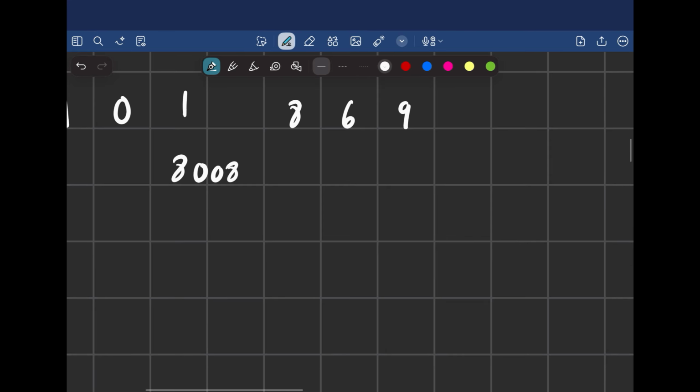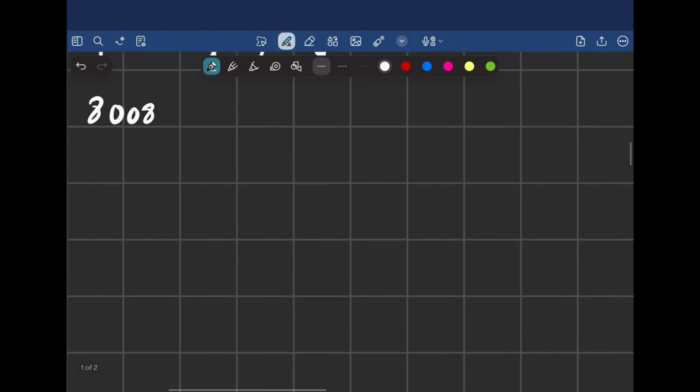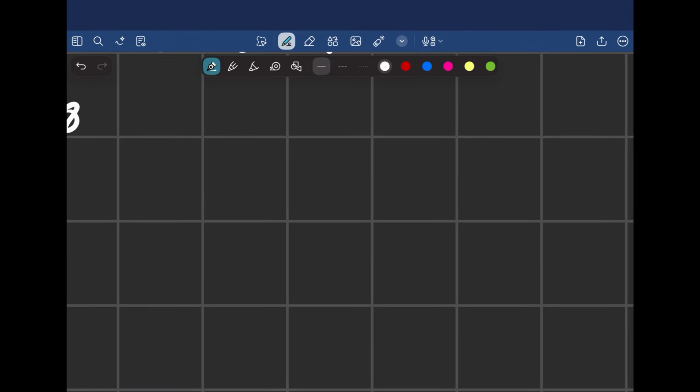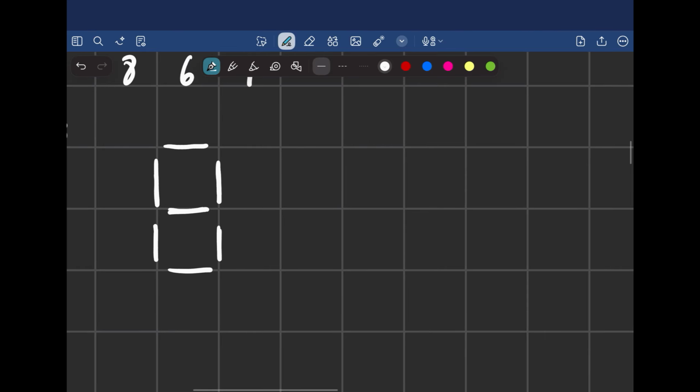Now, writing it like this kind of makes it ugly, but if I were to write it using a 7-segment display, which you've seen before on numbers, they're the ones that look like this. It has a nice uniform look to it, and that's why when you flip it, it can look the same.